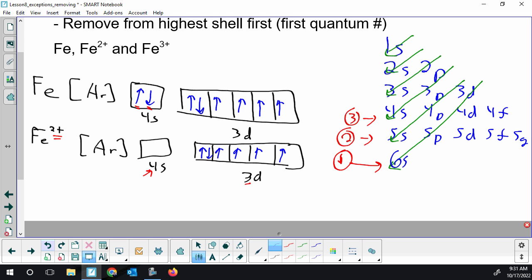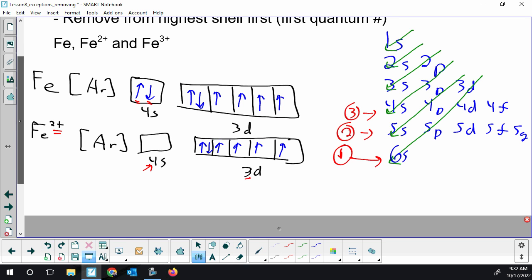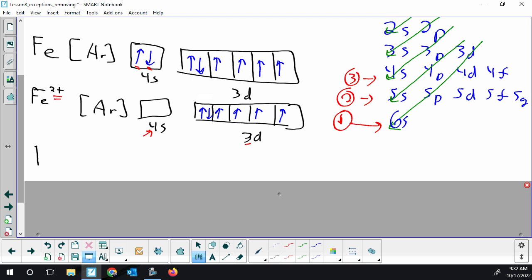Now we don't see a stable Fe+. Maybe because just having 1 electron in 4s isn't stable enough, and we don't see Fe+. Okay. We're just going to continue this pattern a little bit and do Fe3+.